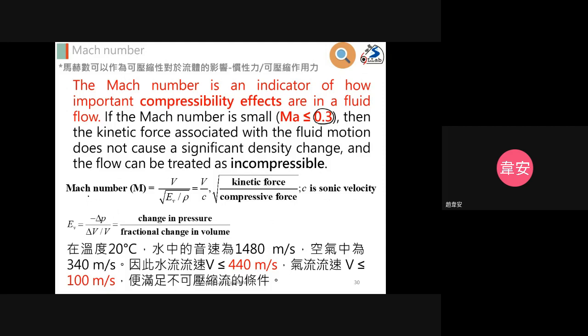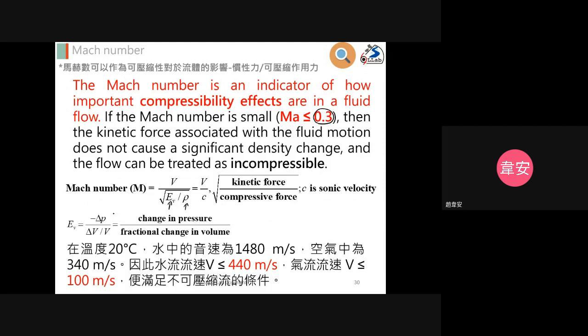The equation showing here is the definition of the Mach number, M, directly equal to the velocity divided by the sonic speed. And the sonic speed is equal to the root of the ratio between the bulk modulus and the density.